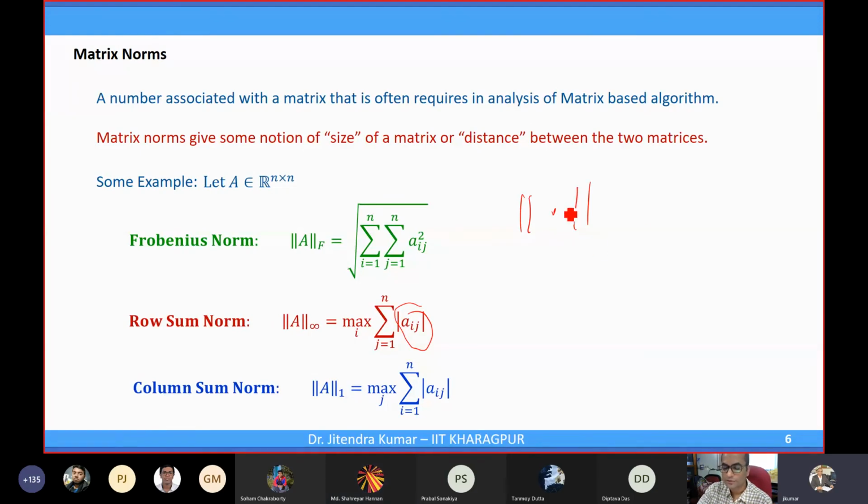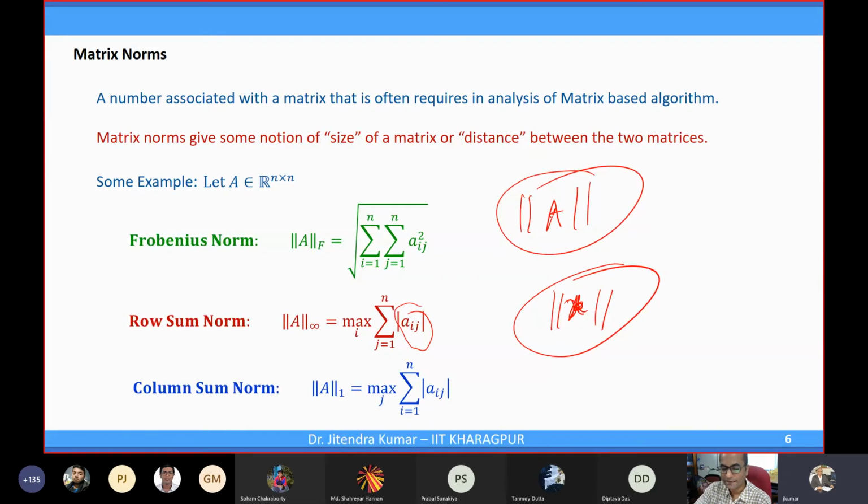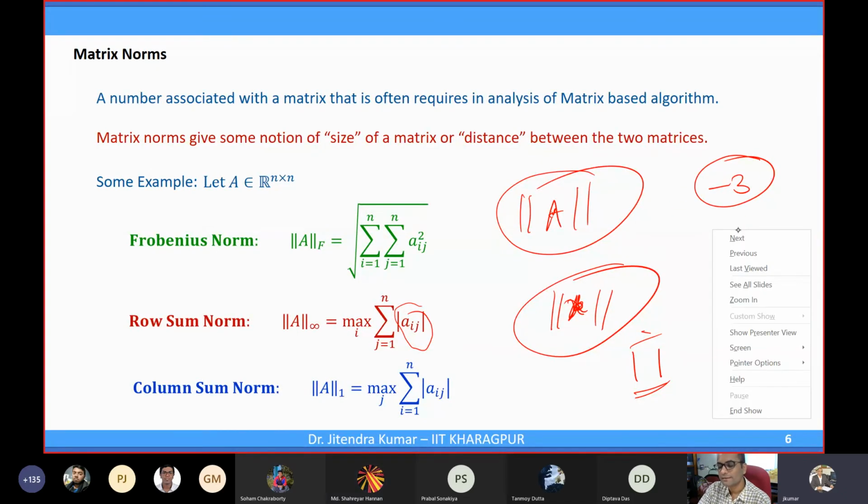In vectors and matrices, the standard notation for the norm is this. Whatever norm you are computing of x or matrix A, this is the notation. Like for absolute value, the notation is this, but you use absolute value when you have only one real number. If you have the real number minus 3, the absolute value is just 3.